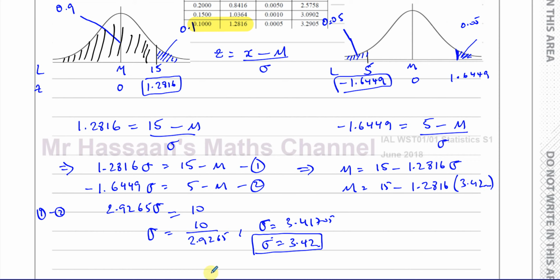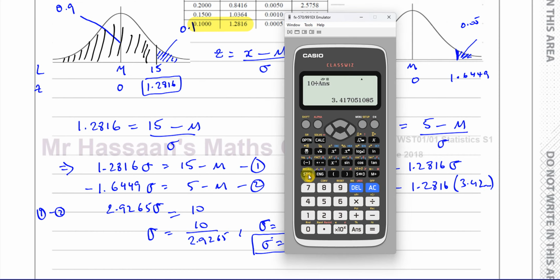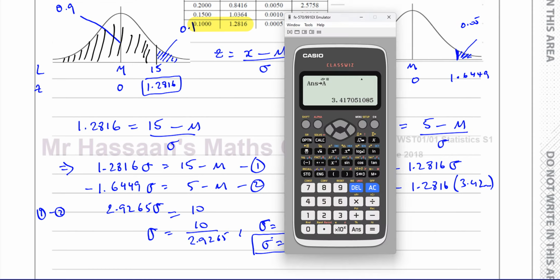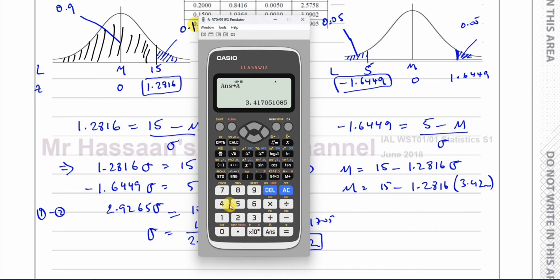So I'm going to take my calculator and store this as A. Then the mean is going to be 15 minus 1.2816 times what I stored as A. Okay, and that gives me 10.6207.